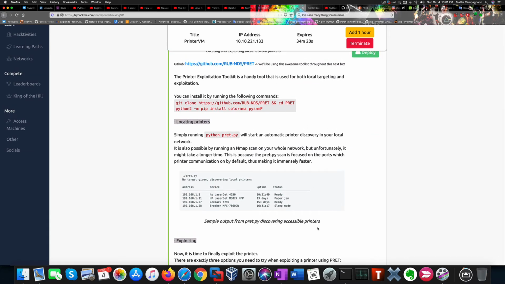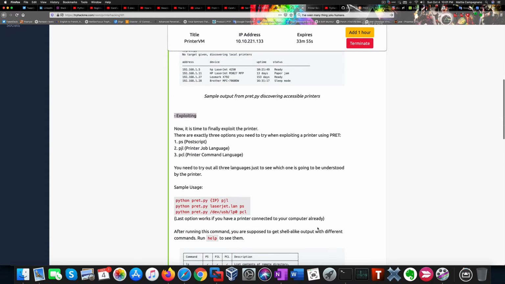Now, talking about printers, somebody developed another specific tool called Printer Exploitation Toolkit, practically alongside Metasploit. So it's a printer specific exploitation tool. Very interesting.